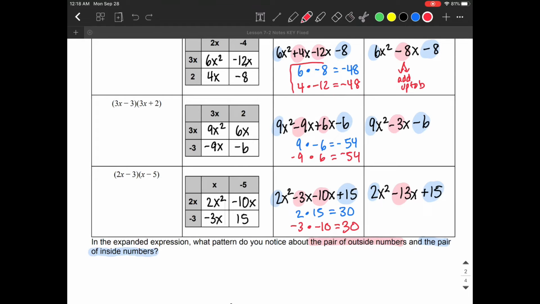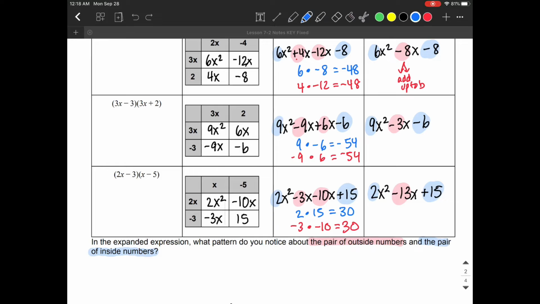And then I know that the outside numbers are going to be what I need those two numbers to multiply to. So 4 times negative 12, if I add them up, gives me negative 8. And then 6 times negative 8 gives me the same number as 4 times negative 12 when I multiply them together.